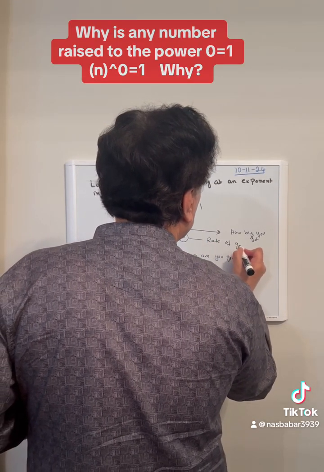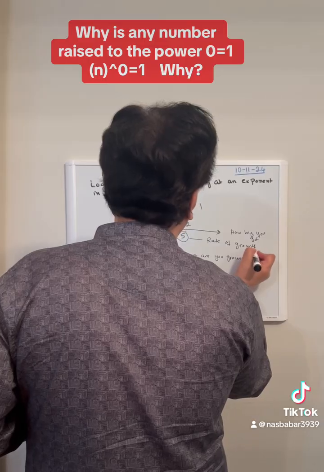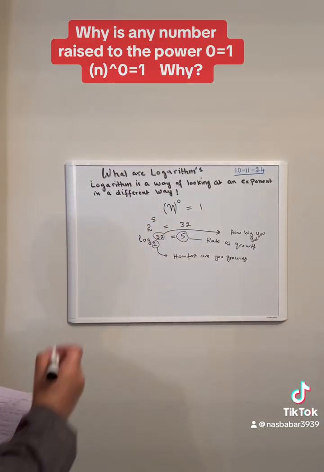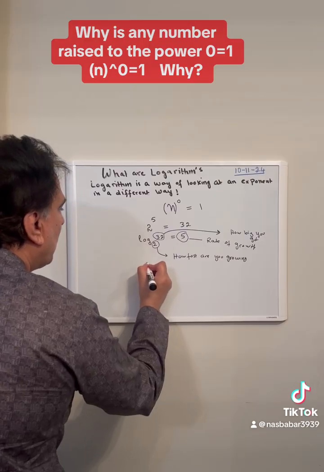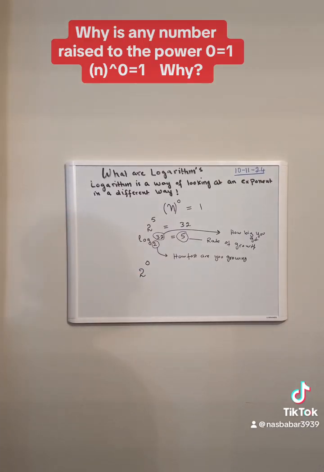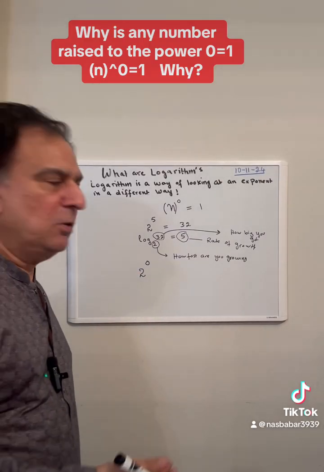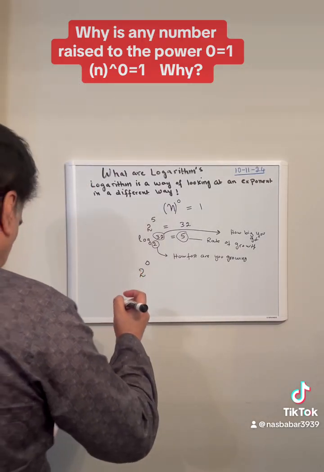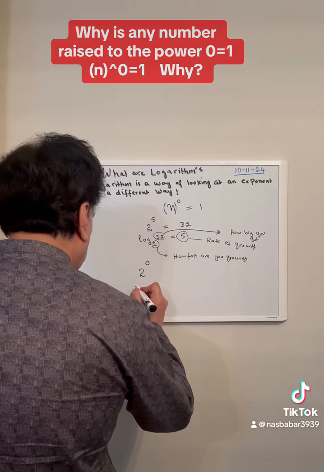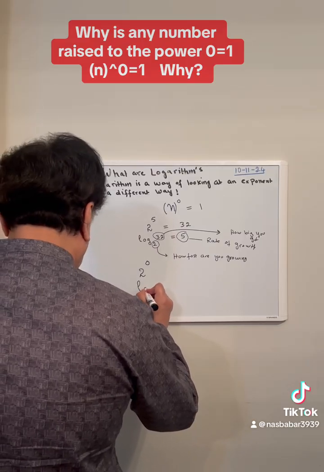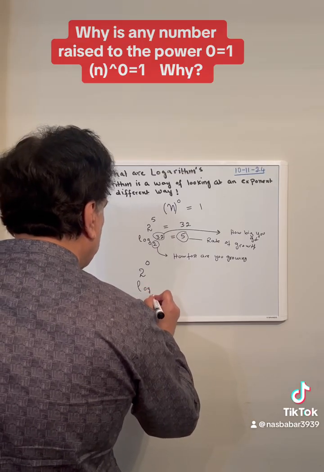Okay. Now let me ask you this. If I take 2 right here and raise it to the power 0, can I write this in a logarithmic function way? Of course I can. So what I do is I basically write this down as log base 2.